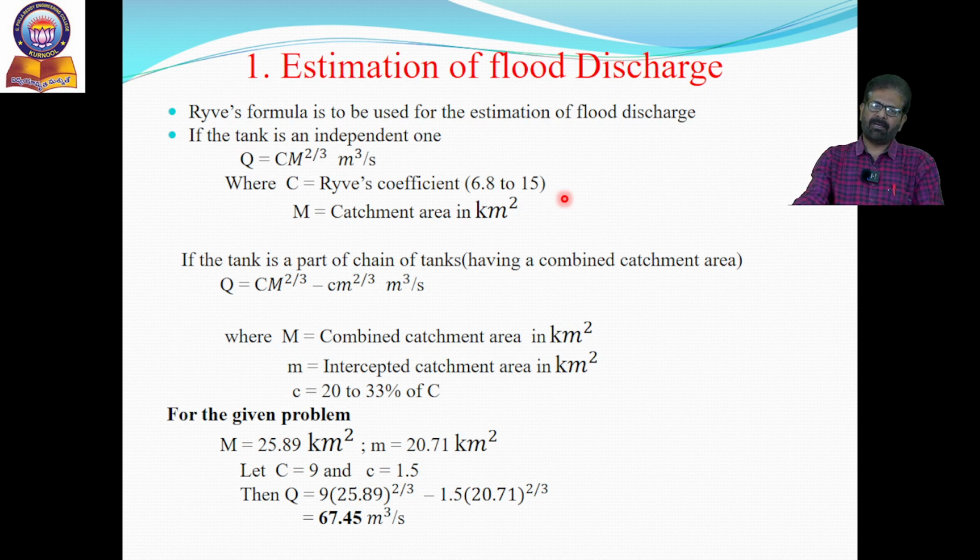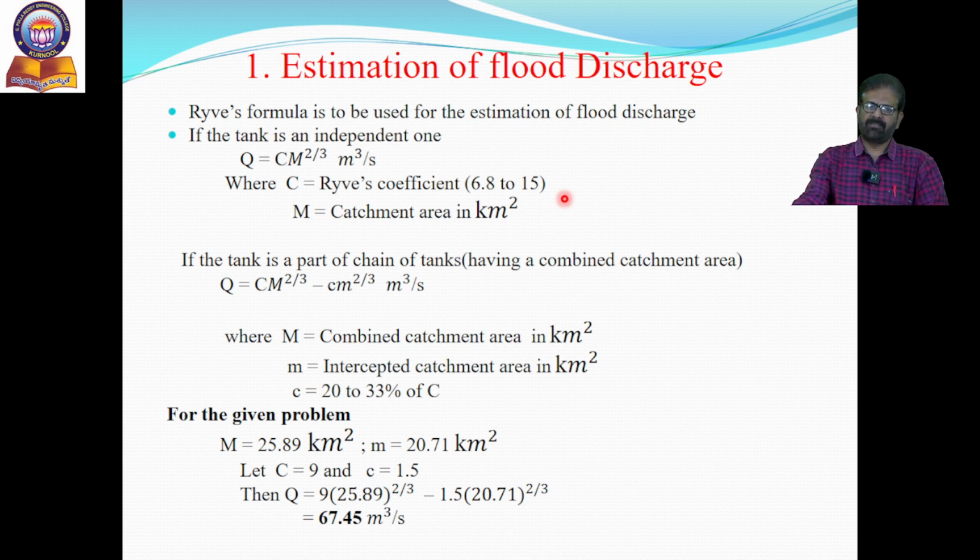And the other case is if the tank is a part of a chain of tanks. Part of a chain of tanks means the entire catchment area is common or combined. Within that area, a number of tanks are there, and one of the tanks we are considering.